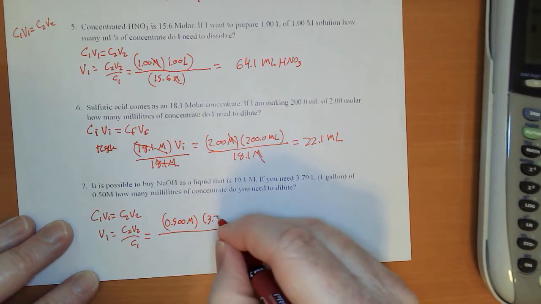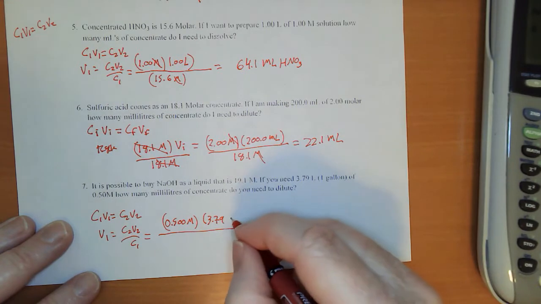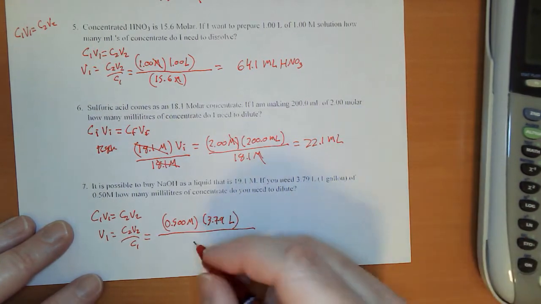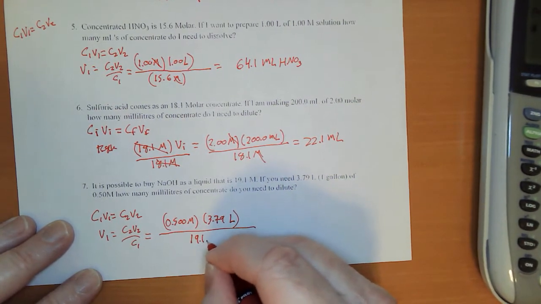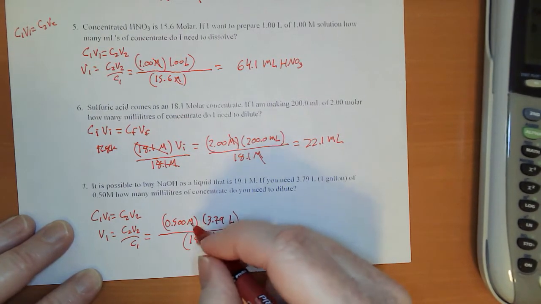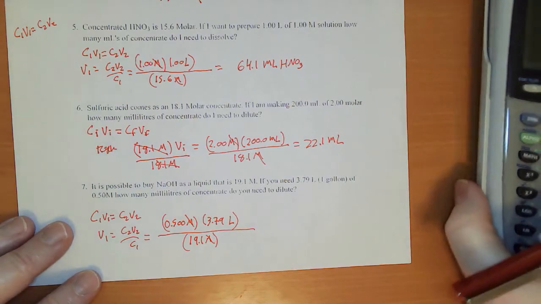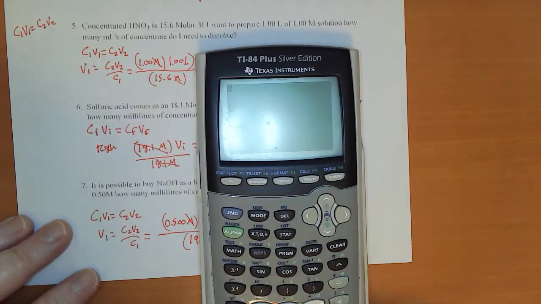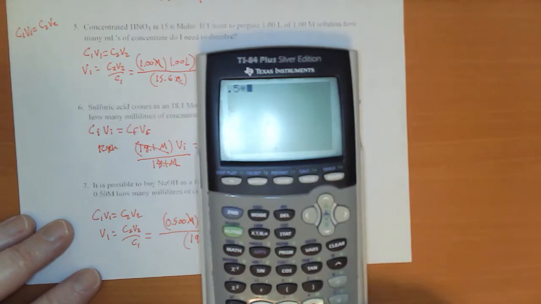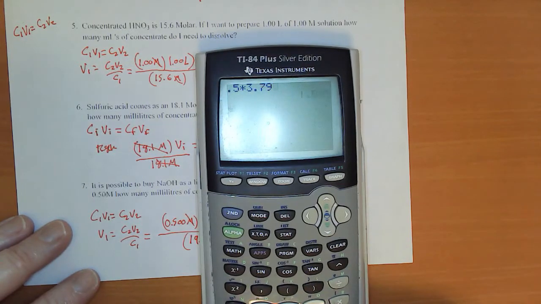I need 3.79 liters divided by 19.1 molar. Molar and molar cancels. So I go back to my calculator. 0.5 times 3.79 equals, divided by 19.1 equals.